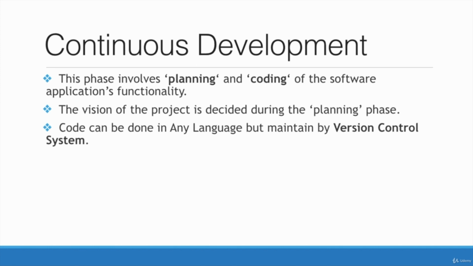So what is continuous development? Continuous development is a phase which involves the planning and coding of the software application functionality. You remember we have already discussed the waterfall model. In the waterfall model, there were drawbacks: first we need to plan, then code, then test, then maintain the code, right?